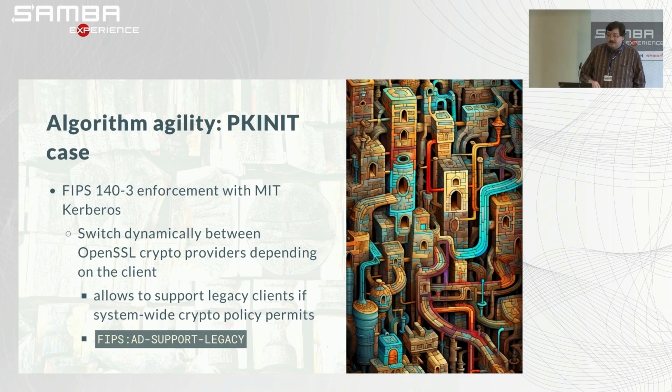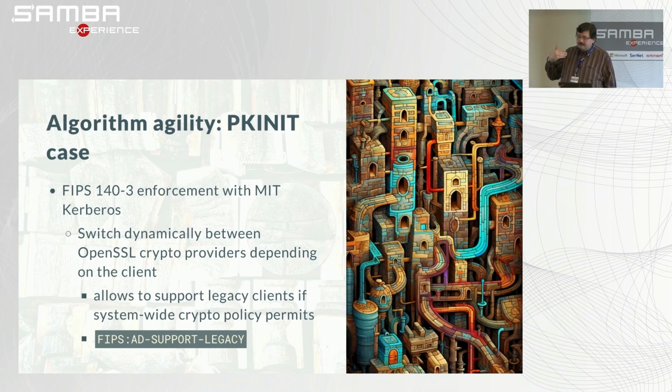So how do we do this? Because in MIT Kerberos we use OpenSSL. OpenSSL 3 has this notion of providers, and you can actually dynamically load different providers. So for different purposes we can switch between providers.